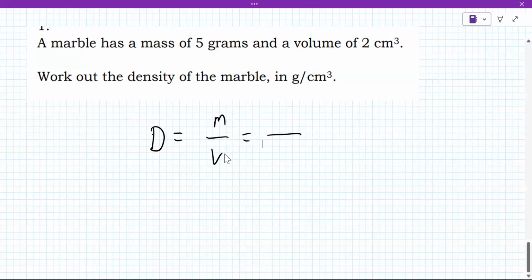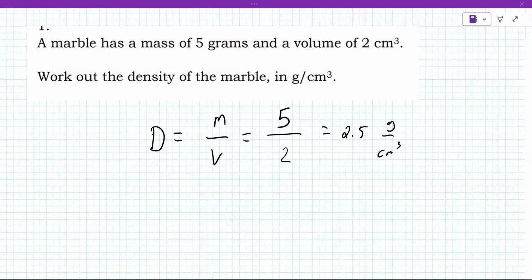Read it one more time. Oh wait, no, 5. Okay. And what is the volume? 2. Very good. So what is the density? 2.5 grams per centimeter cubed. Yeah, grams per cubic centimeter.